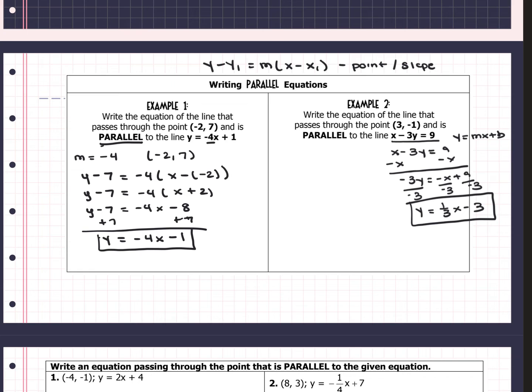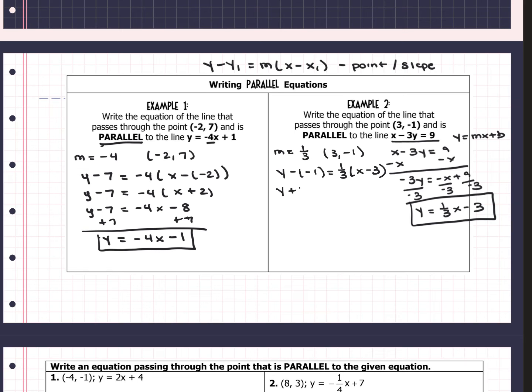All right, so now I know that I have a slope of 1/3, and I have the point 3, -1. Now what we're going to do is plug it into our point slope formula. So I have y minus -1 is equal to 1/3 times x minus 3.